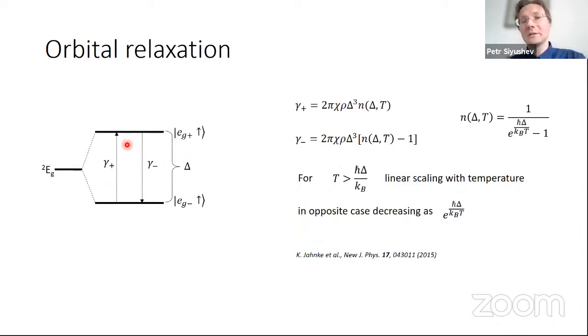Therefore, direct phonon relaxation is a very efficient process. And it scales linearly if your T is much larger than the splitting. However, if you drop your temperature below this splitting, then it starts to scale exponentially. And that's a way to tackle this problem. So you either need to reduce your temperature or you need to do something with the splitting.